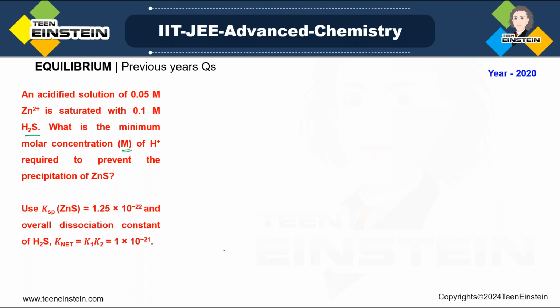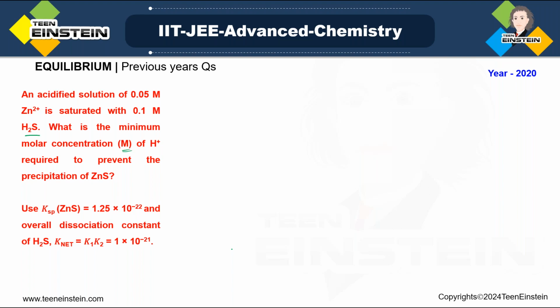So when you have Zn2 plus ion and you are saturating it with H2S, that means ZnS formation is possible. But ZnS will be precipitated only when it crosses the limit of its solubility product. So it is asking what is the minimum concentration of H plus that is required to prevent the precipitation of ZnS.